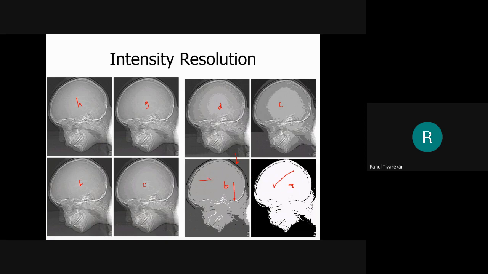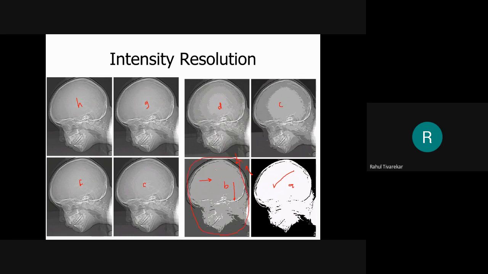One is whatever is there inside this skull, the bright gray level, and one is on the outer side of the skull, that is the little darker gray level. So if you observe this image carefully, you will see that there are only four intensity levels. That means this particular image has four intensity levels.